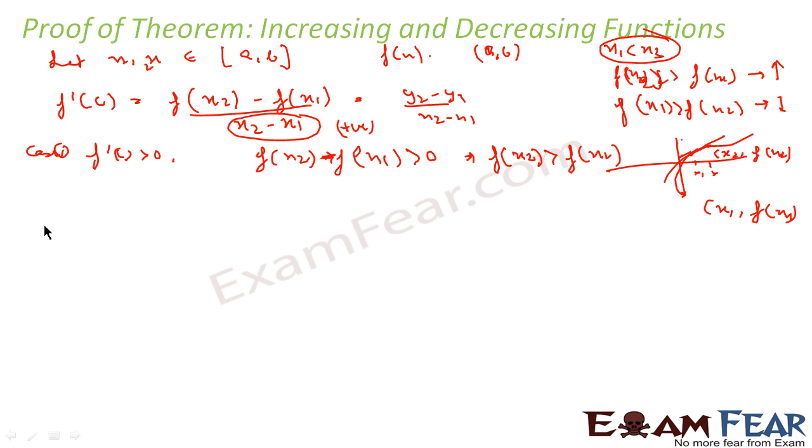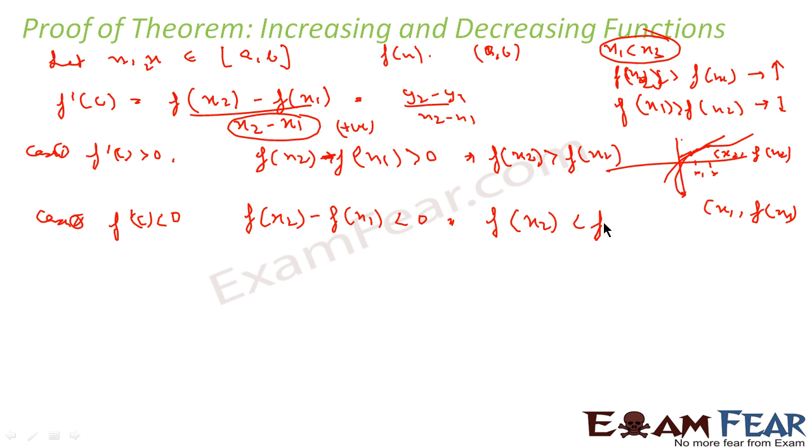In case 2, when I say that f dash c is less than 0, since the denominator is positive, the numerator has to be less than 0. So in that case, f of x2 minus f of x1 is less than 0, or I can say that f of x2 is less than f of x1.